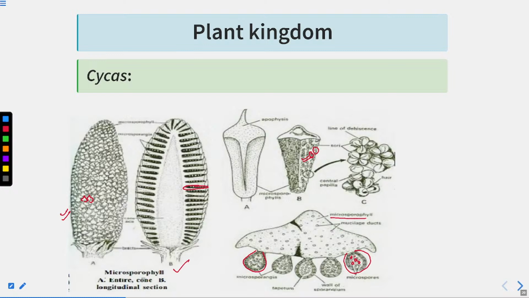This is the microsporophyll structure, and this is the cut section of this. When you cut this, you can see this as a microsporophyll, and these are microsporangia. Inside the microsporangia, male spores are present, right?